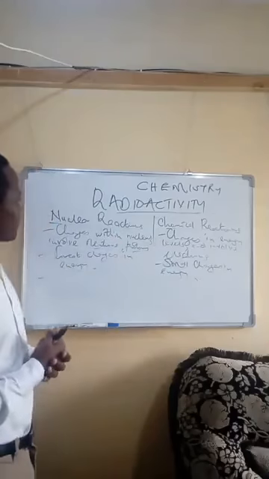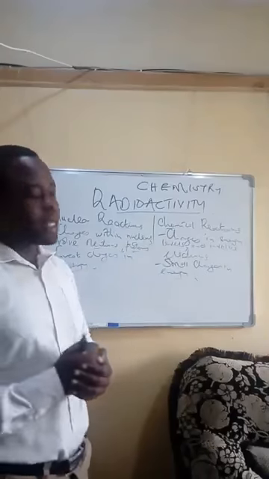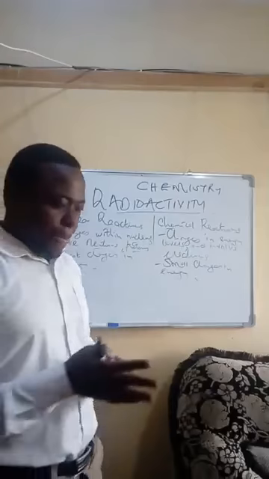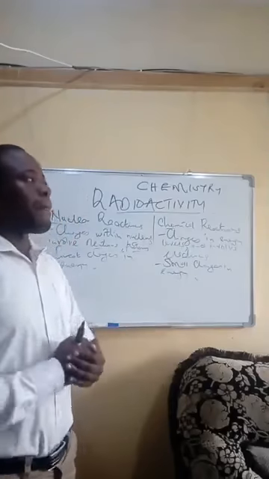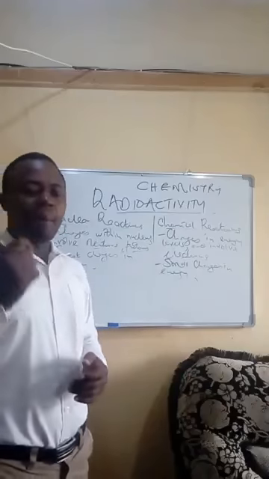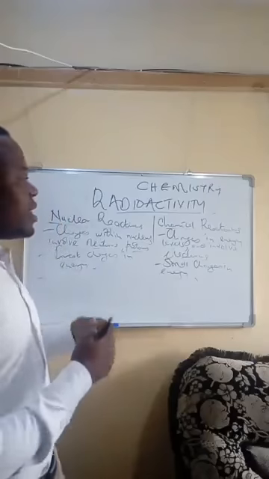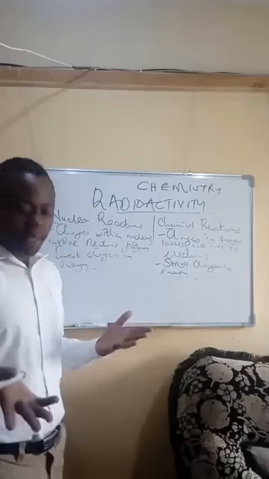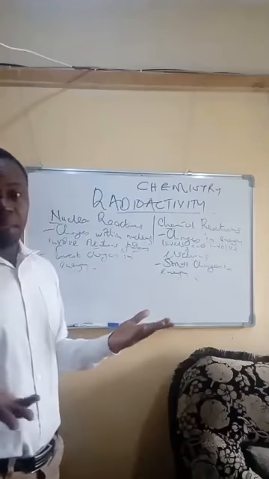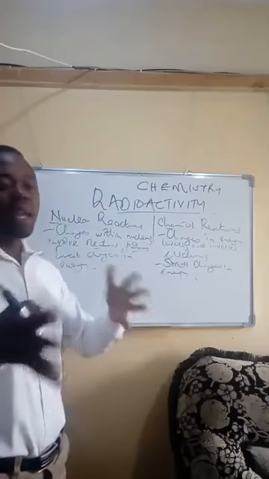Another difference is that chemical reactions are affected by environmental factors such as temperature and pressure. There's a topic in Form 4 called rates of reactions, and in that topic you learn that the rate of a reaction can be changed if you increase, for example, the temperature, or the pressure, or lower them, depending on the kind of reaction.